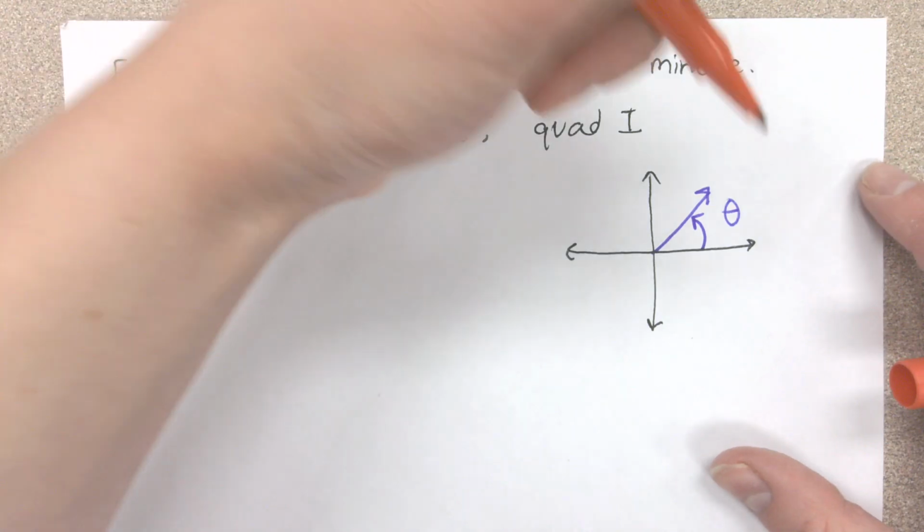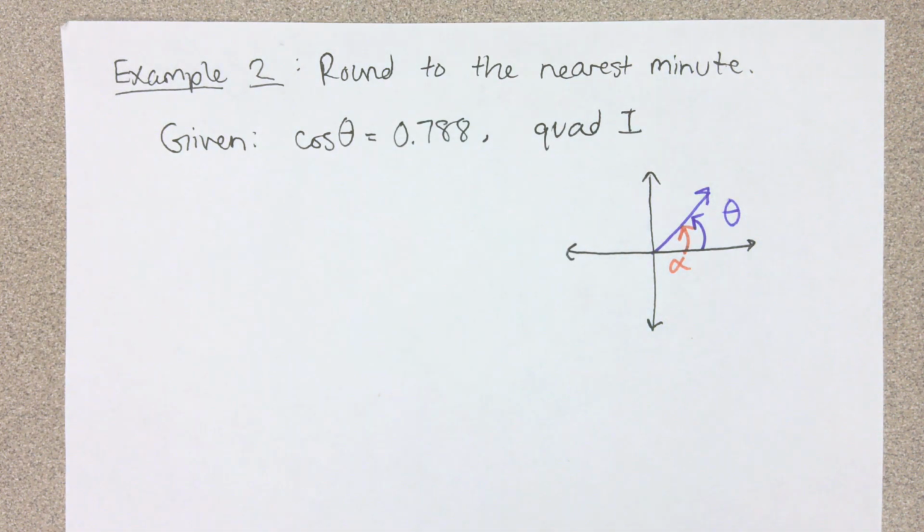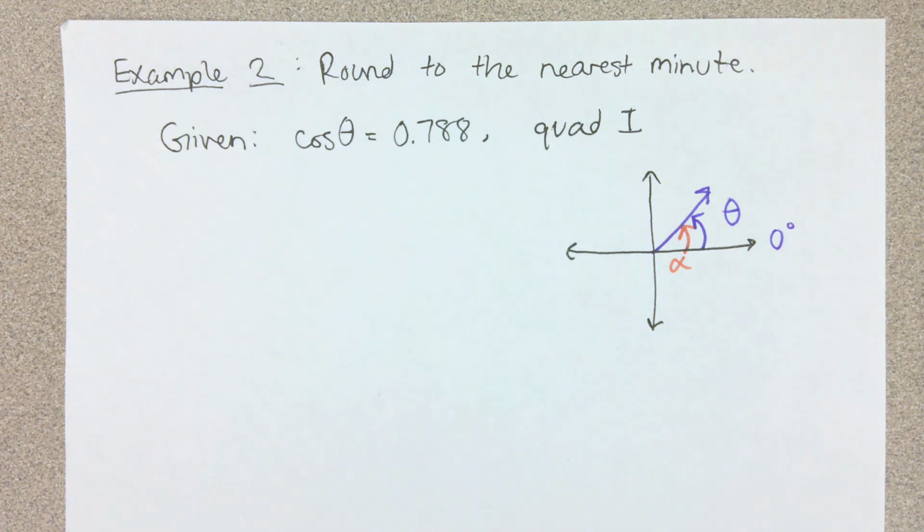Alpha goes from the x-axis up to the angle that we drew. And it's helpful to recognize that the right side of that x-axis is 0 degrees, just for reference.